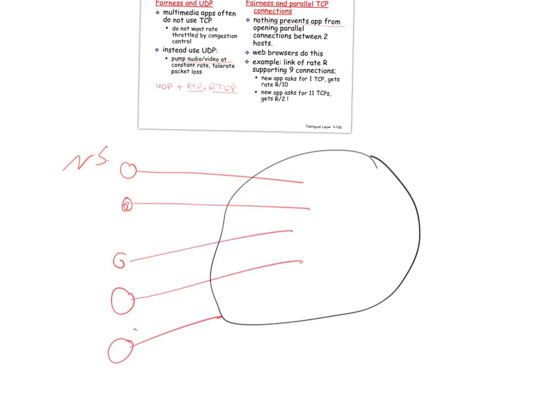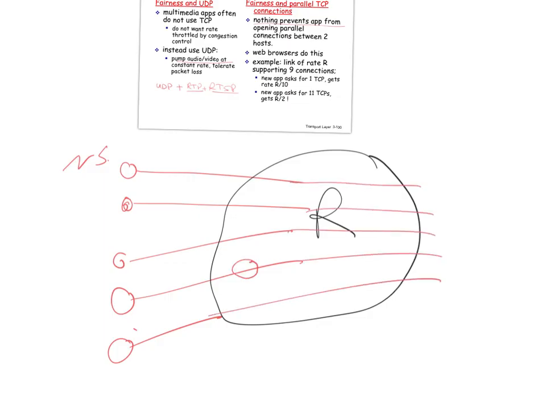Each application has one TCP connection, and they are all sharing a network that has a capacity of R. So supposedly, the effective rate for each one is R over N, right? So each application will see R over N rate on average.